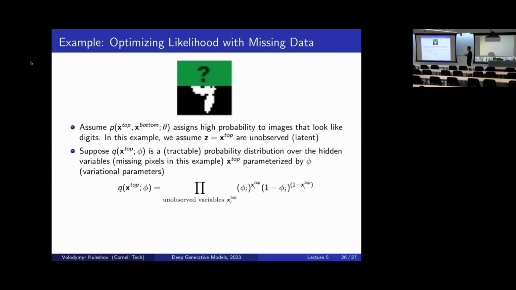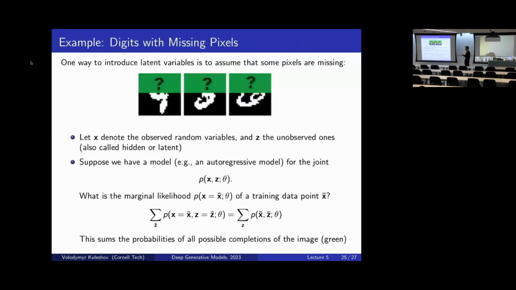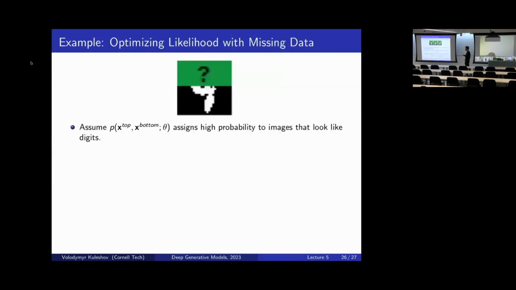So instead of trying to maximize this intractable objective directly, we could form the ELBO. And in order to form the ELBO, we need some distribution Q over the missing pixels.